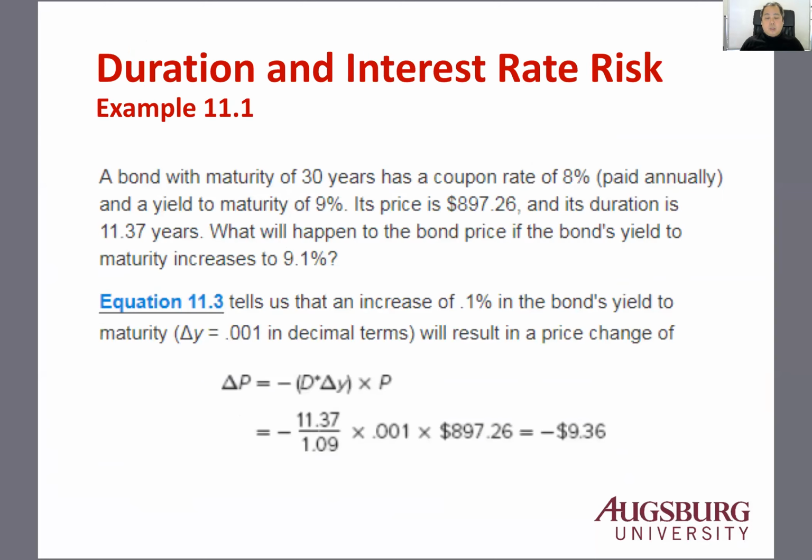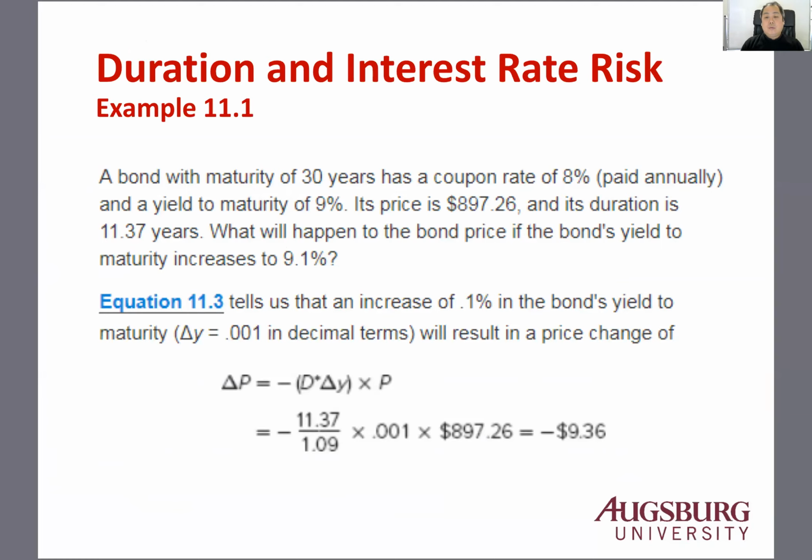Example 11.1, duration and interest rate risk. The bond has a maturity of 30 years, an 8% coupon paid annually, and a yield to maturity of 9%. Its price is $897.26, and you can verify that. If you calculate, the duration is 11.37.